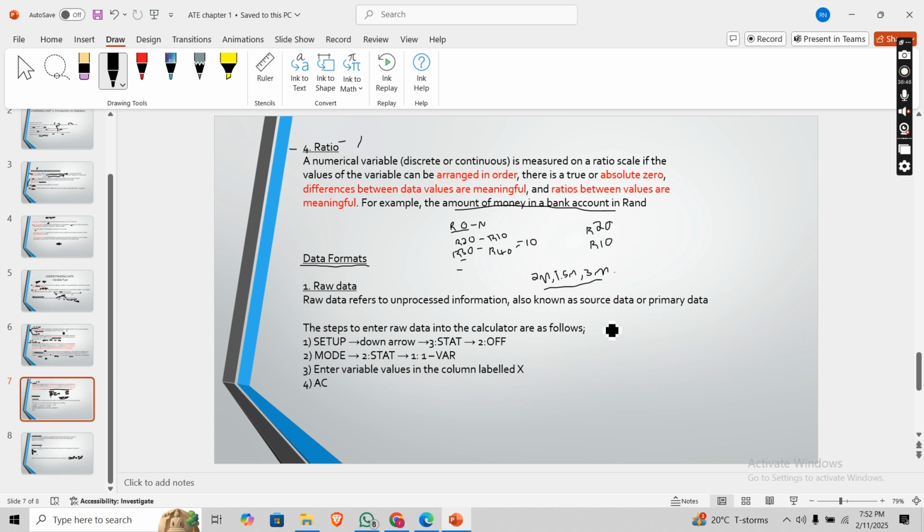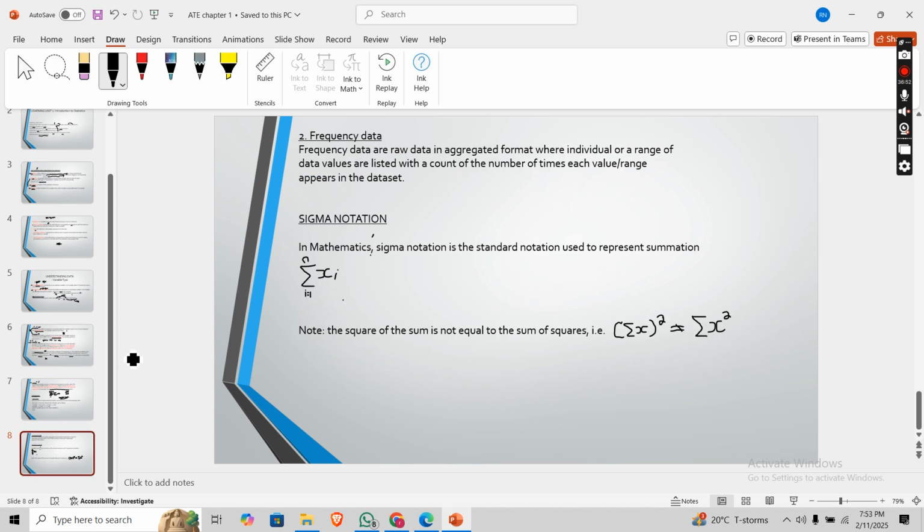Now frequency data records data in an aggregated format. So what does this mean? It records each value of a variable, and then it records the number of times it appears in the data set.